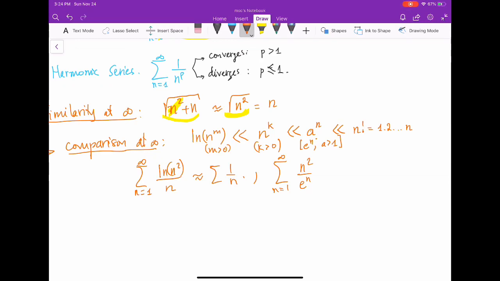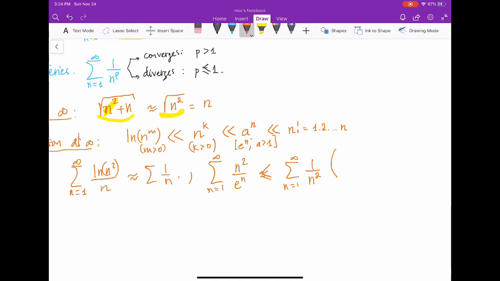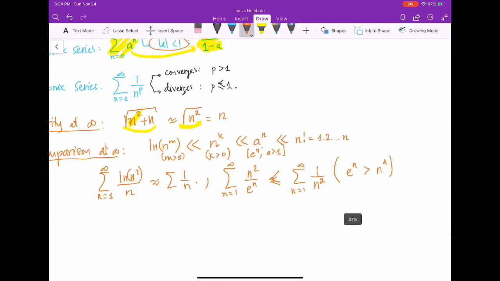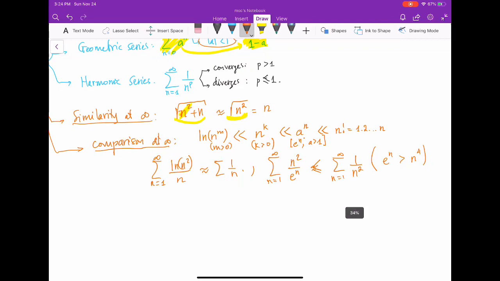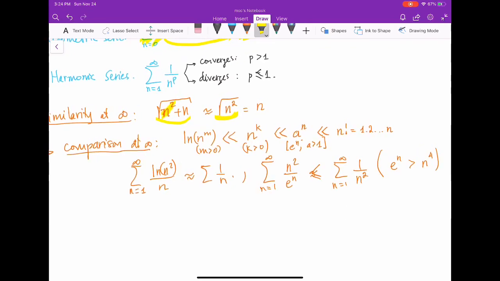So this series should be less than or equal to the sum of 1 over n squared, n from 1 to infinity, because we compare e to the n with n to the 4. That is a very good example of how to use comparison at infinity of those functions.